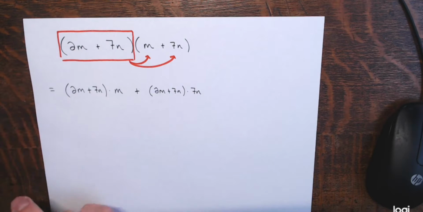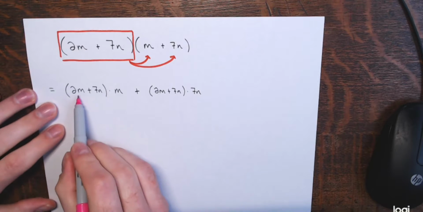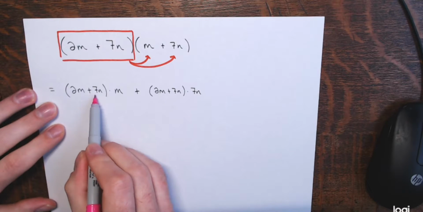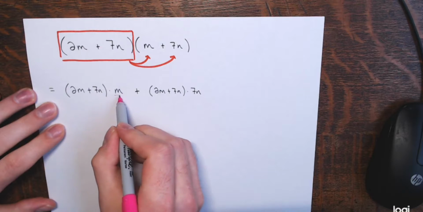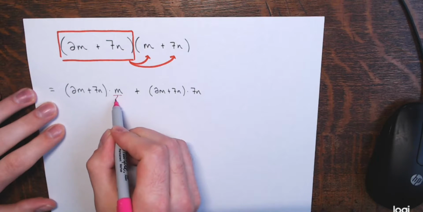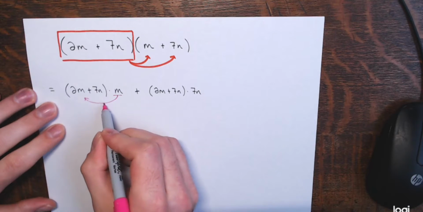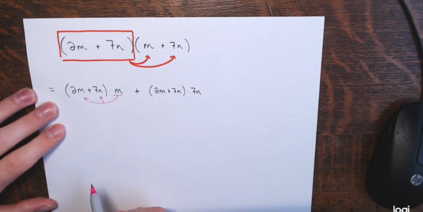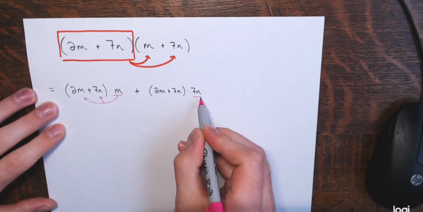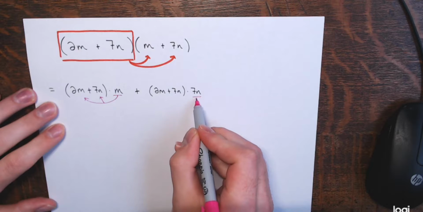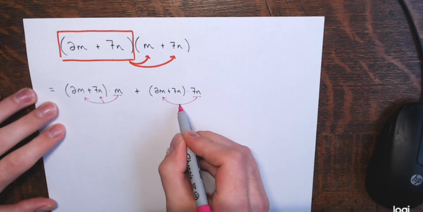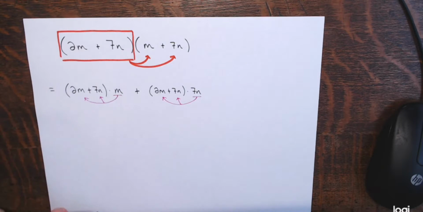And then we just continue distributing. I still have scenarios here where I can use the distributive property. See here, there's now 2m plus 7n. Now I can take this m and distribute it to the 2m plus 7n. And do the same thing with the other term. Take this 7n and distribute to the 2m plus 7n.